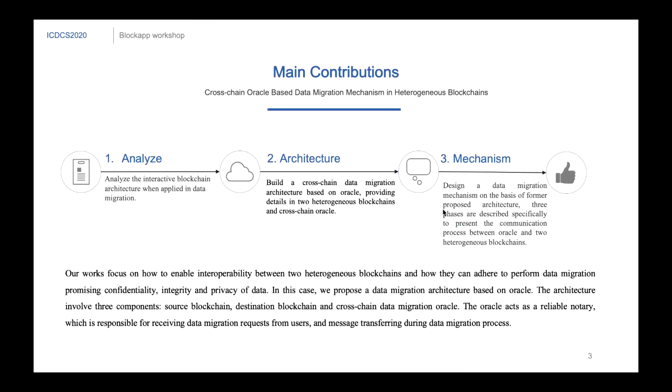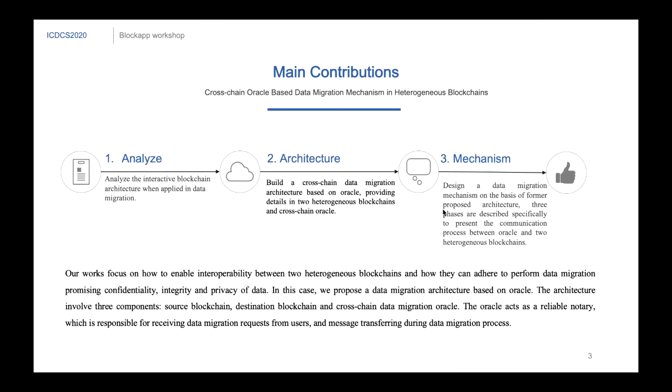The second one is to build a cross-chain data migration architecture based on Oracle, providing details on heterogeneous blockchains and cross-chain Oracle. The third one is to design a data migration mechanism on the basis of the formal proposed architecture. Three phases are described specifically to present the communication process between Oracle and the two blockchains.